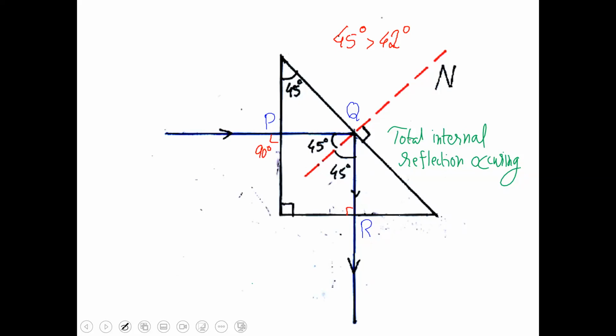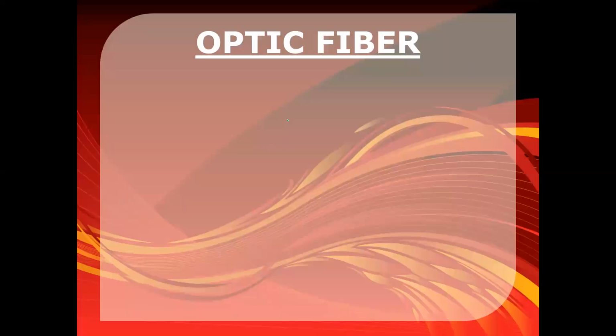Have you copied it? Yes. Good. So this is called total internal reflection. Only a small portion of the lens drawing is left.